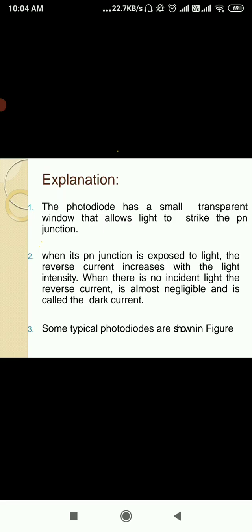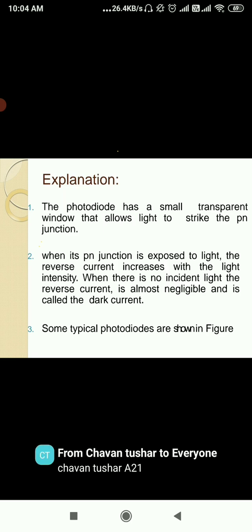You are supposed to understand what dark current means. If we are not giving any amount of light, at that time the reverse current we call dark current, because that current is zero, not exactly zero, but it is almost equal to zero.